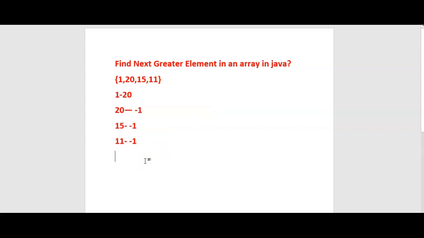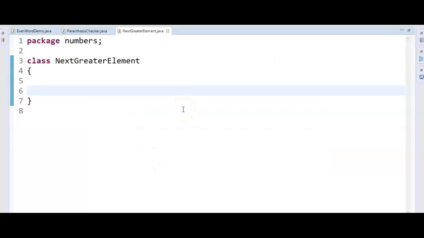So we'll be taking 2 for loops, and we'll write the program and execute it. I have created a class called NextGreaterElement.